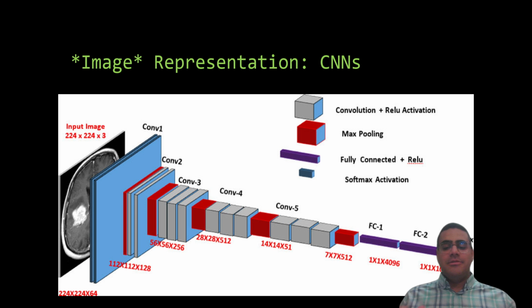After these layers, we usually have some fully connected layers, and at the end we will end up with an encoding or representation of that image. For example, in this picture we see, I believe, a VGG16 CNN model, which is used to represent this brain MRI image.